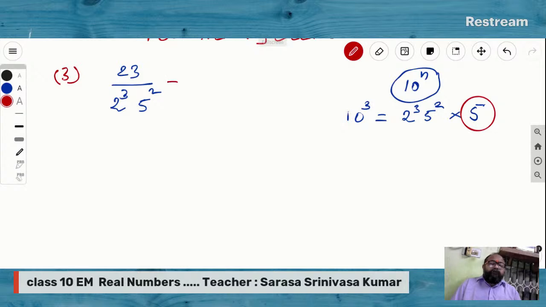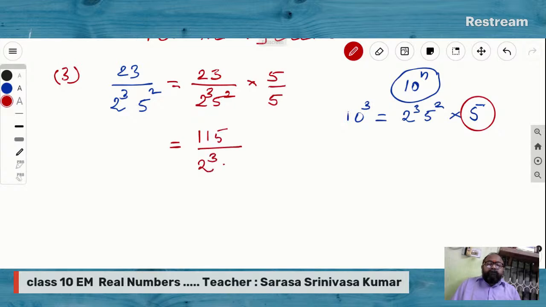This is equal to 23 by 2 cube 5 square multiplied by 5 and divided by 5, which is equal to 115 by 2 power 3 multiplied by 5 power 3, equal to 115 by 10 cube.